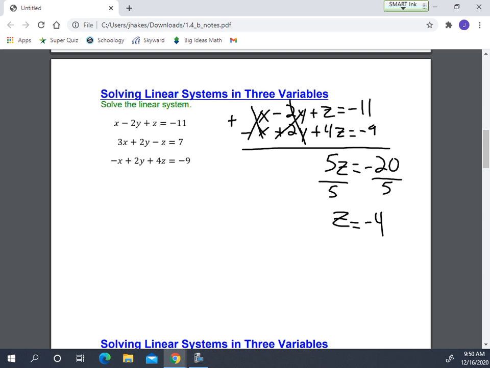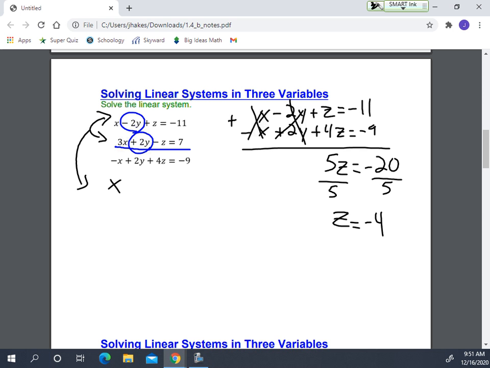Okay, let's use this middle equation with something. I noticed that 2y and negative 2y are opposites, so I'll get rid of my y. Again, I haven't multiplied anything yet. That's awesome. I'm going to take these two equations and set them up down here.